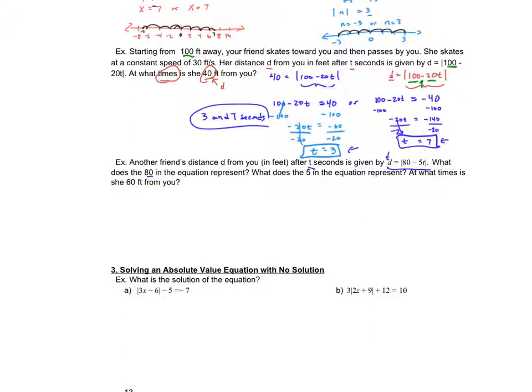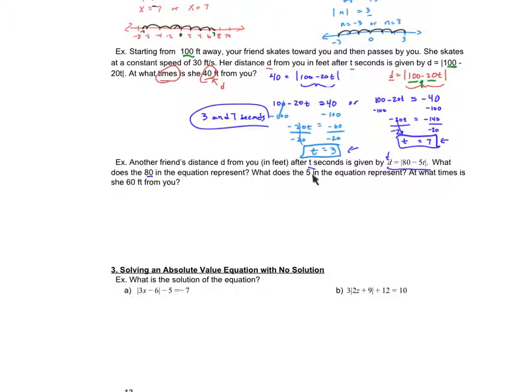So if I look at that in this example, we are starting 80 feet away, and minus 5t tells me that she is moving towards me at 5 feet per second, because each second the distance between us is decreasing.